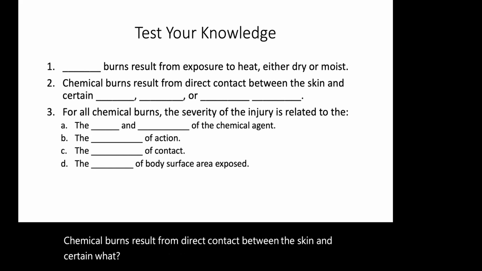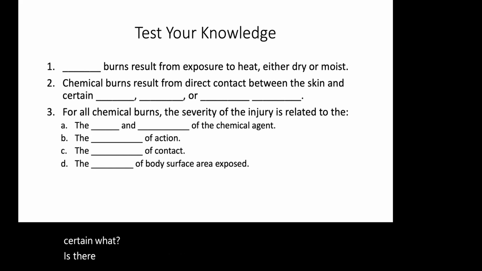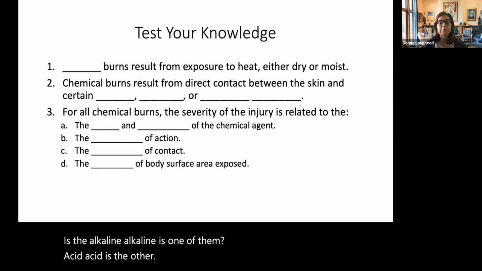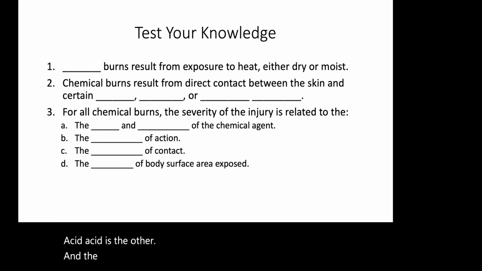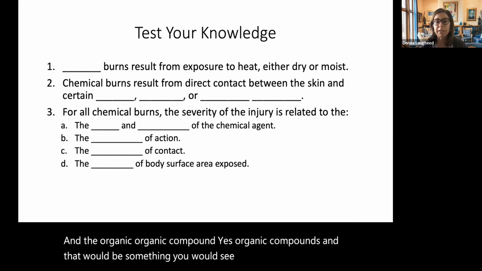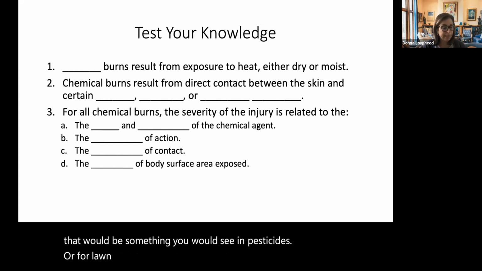Is it alkaline? Alkaline is one of them. And acid? Acid is the other. Inorganic, organic compounds. Yes, organic compounds, and that would be something you would see in pesticides or lawn care products, things like that.